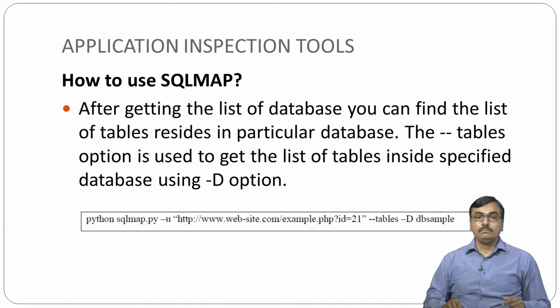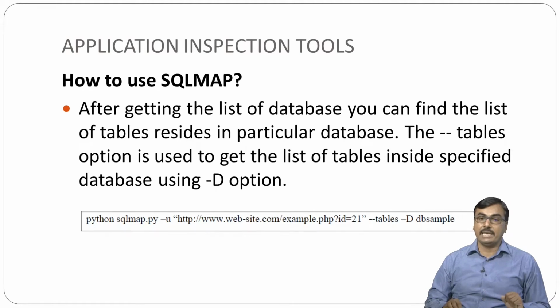In the previous command we got the database list. Inside the database we are now finding the tables. Through that we will get the list of tables residing in the particular database mentioned by the -D option. You can observe in this slide, after -D there is DB sample.